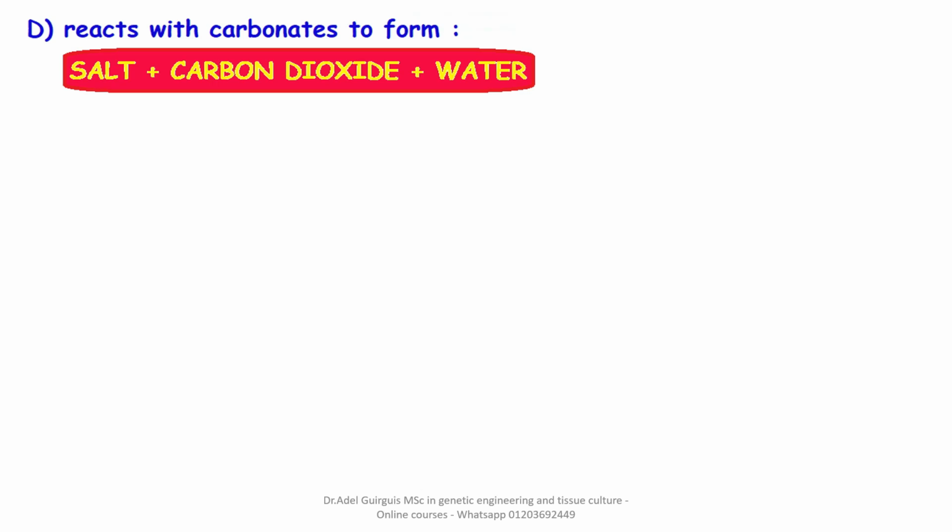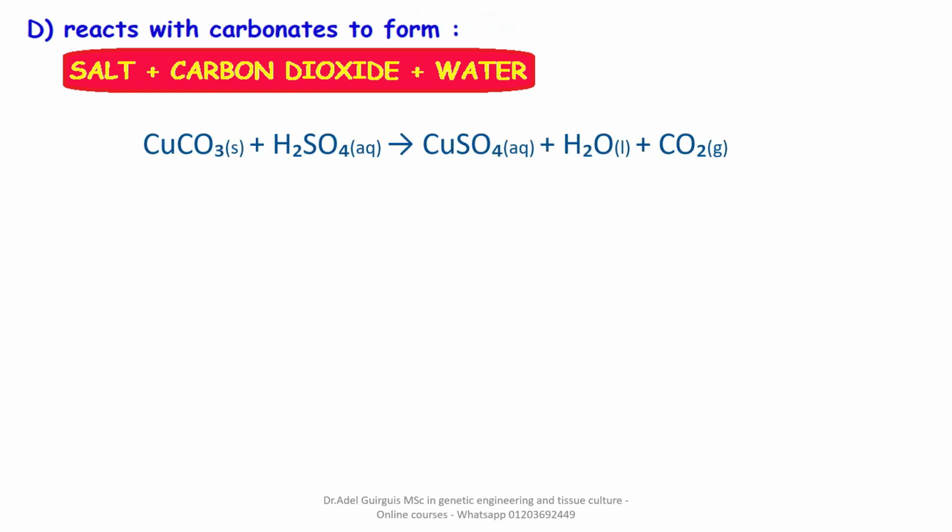Last type of reaction: acid reacts with carbonates to form salt plus carbon dioxide plus water. Similarly, bicarbonates or hydrogen carbonates react with acids to give salt plus carbon dioxide plus water. Three products here, like copper 2 carbonate plus H2SO4 reacts to give copper sulfate plus H2O plus CO2 gas.